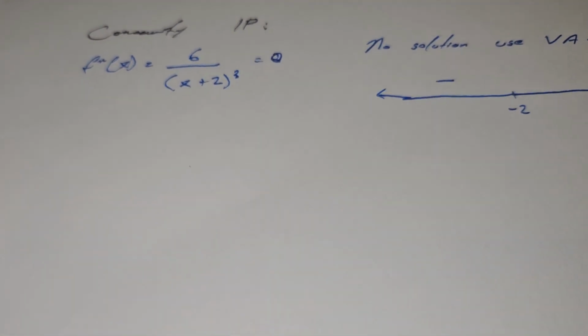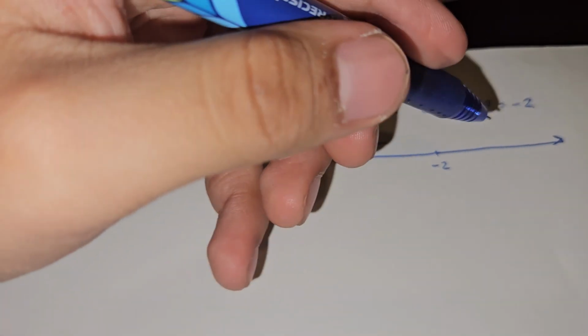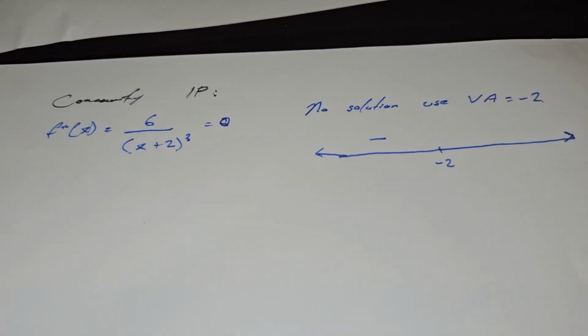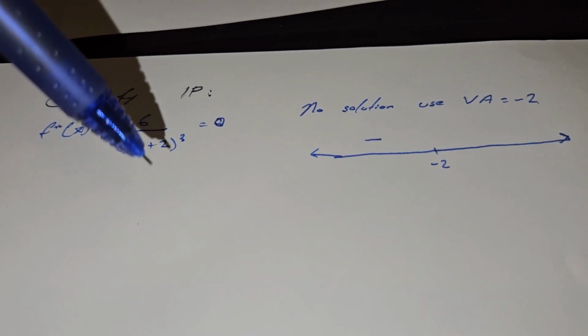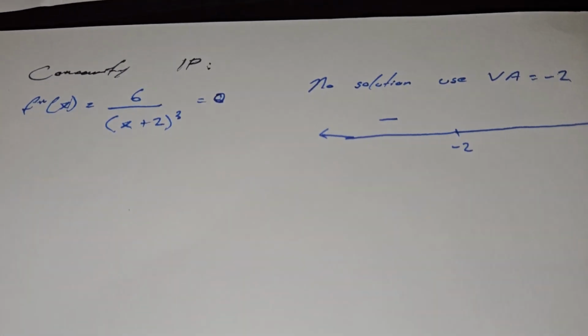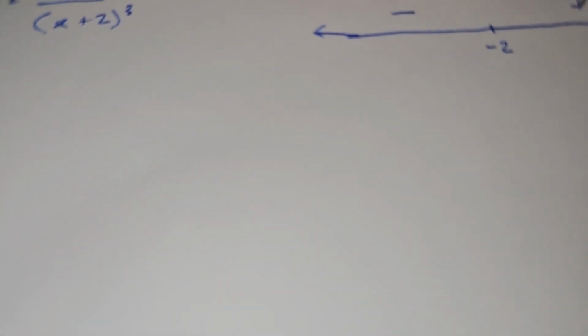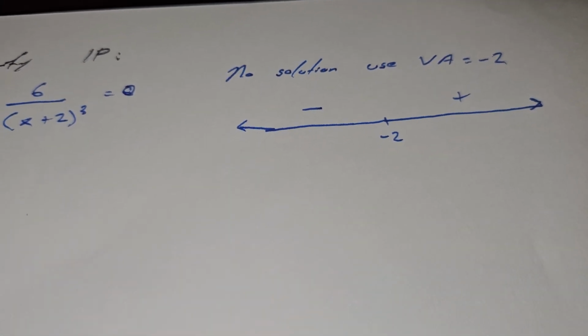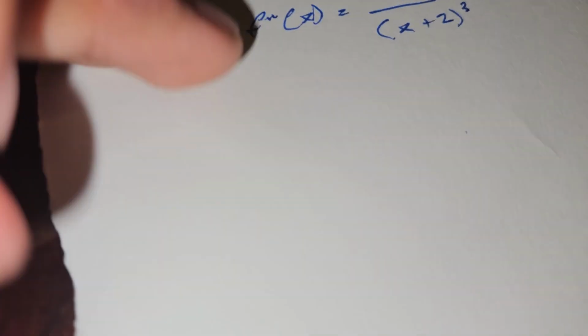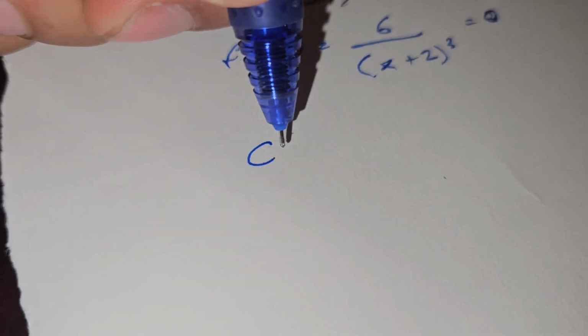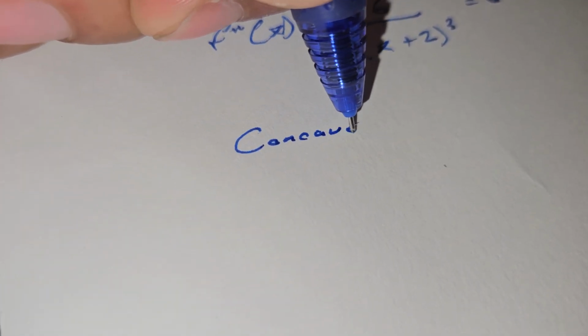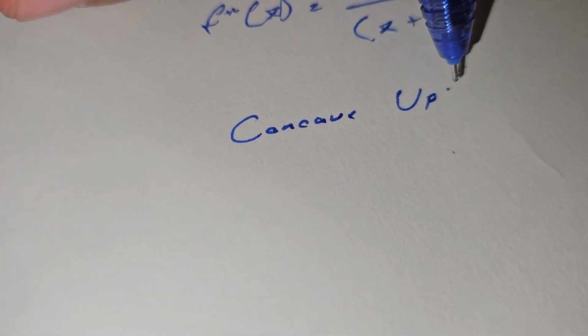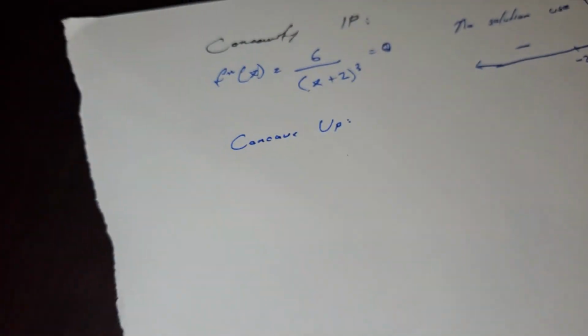So let's plug in a negative 1, because negative 1 is greater than negative 2. If we plug in a negative 1 into our function, we will get a positive 6, so let's write the plus sign for positive. So we have concave up. It's going like this, not like that.